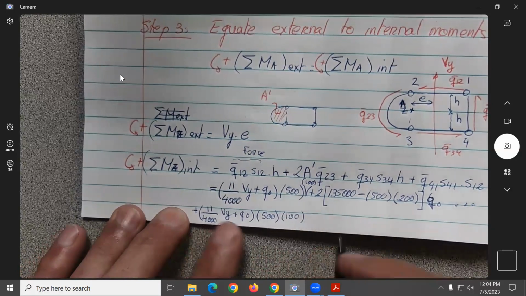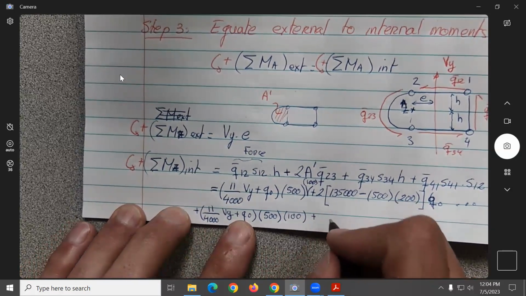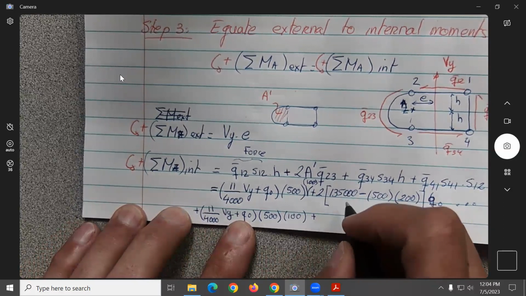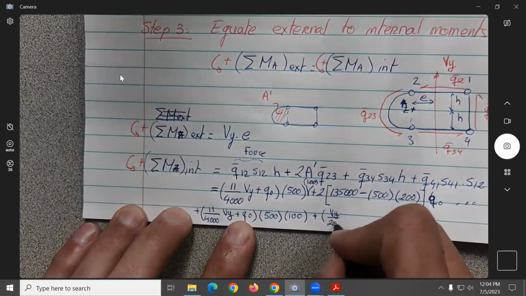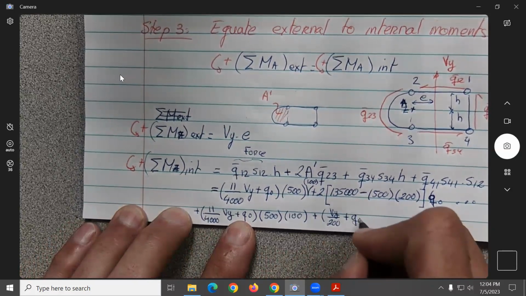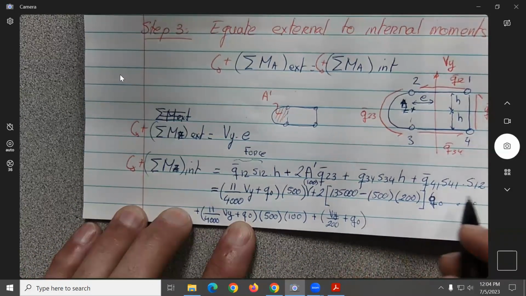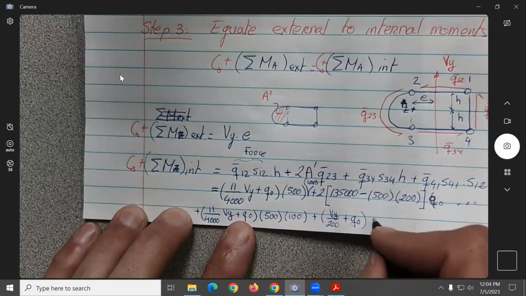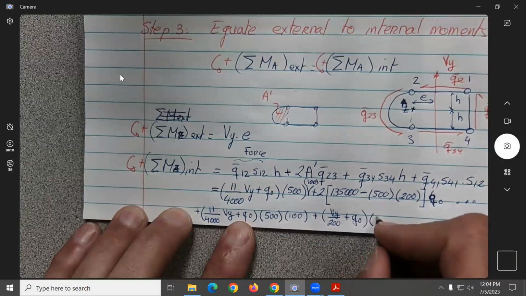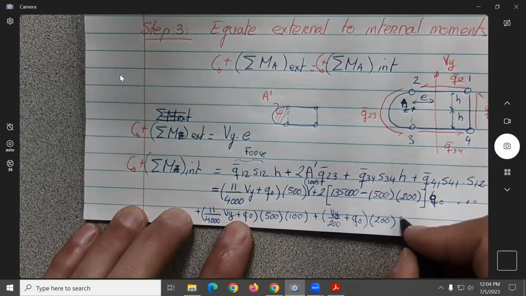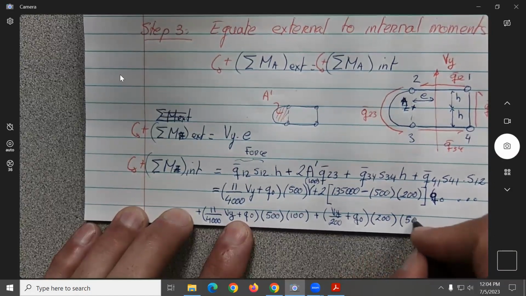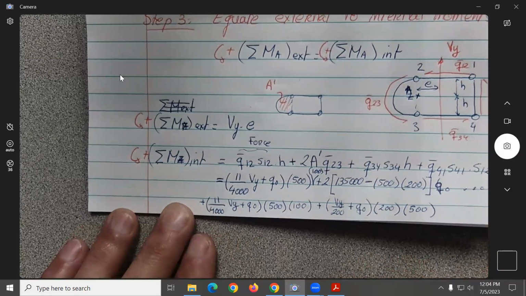And we need the last one, plus Q bar 4,1. Q bar 4,1 will be dy over 200 plus Q sub naught times 200 times 500.